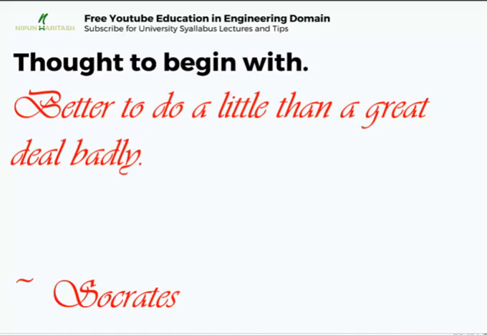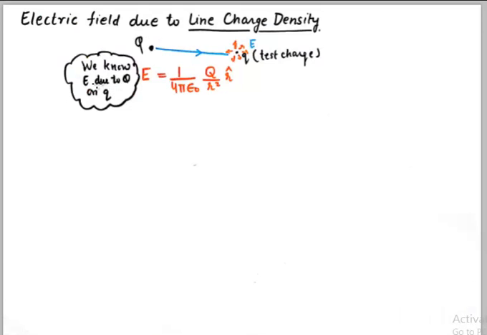The prerequisite to start this discussion is the understanding of Coulomb's law, and from the discussion of Coulomb's law we know that electric field intensity due to a capital charge Q on a test charge q is given by E, which is of course 1 upon 4 pi epsilon naught Q upon R square, and it is radially oriented.